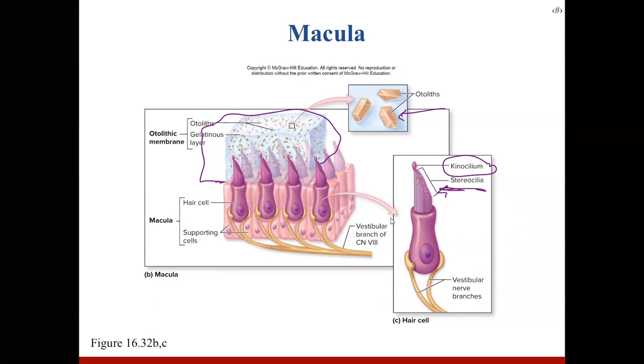They provide some mass to the Jell-O, so it'll move when you move. When these move, the electrical impulse is sent down this neuron and goes to the vestibular branch of the vestibulocochlear nerve, which is a cranial nerve. It does hearing and equilibrium. So those are the macula.